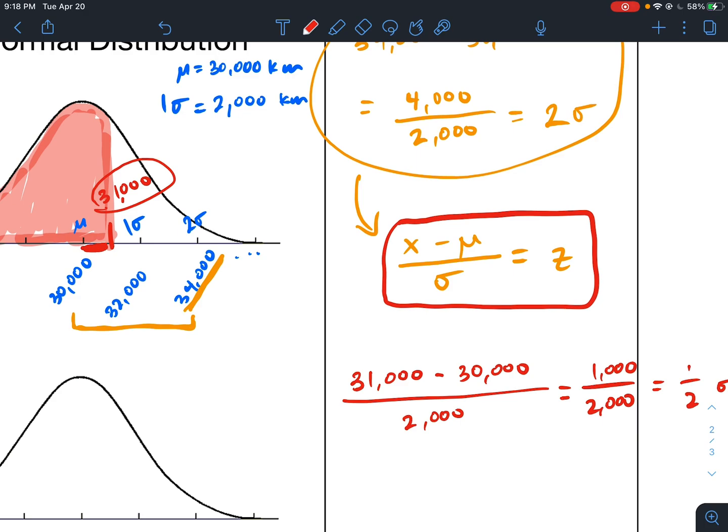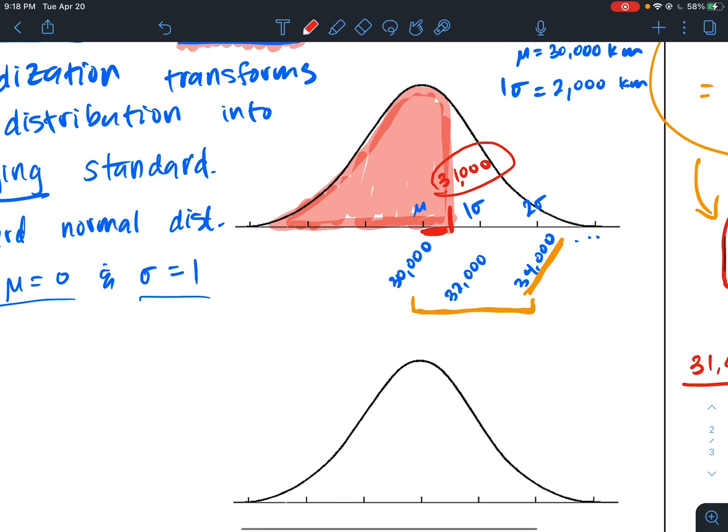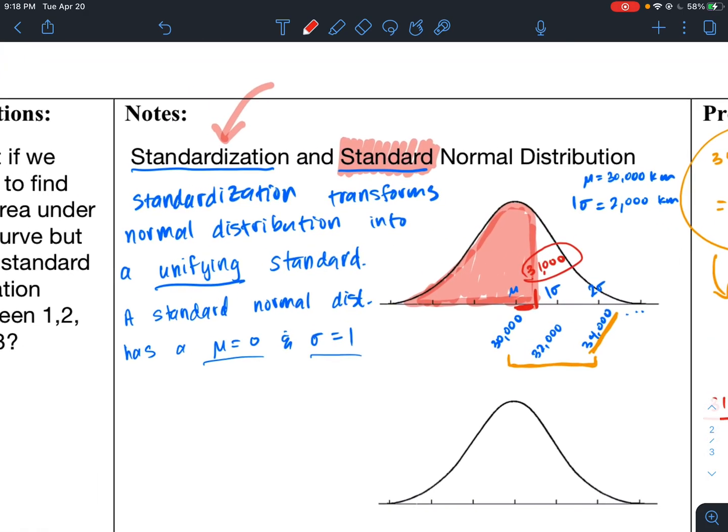That's the idea behind standardizing: what if we have a data value that isn't exactly 1, 2, or 3 standard deviations away from our mean? Standardization helps us find the probability.